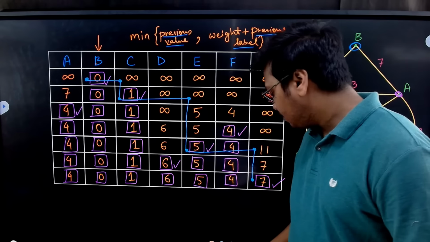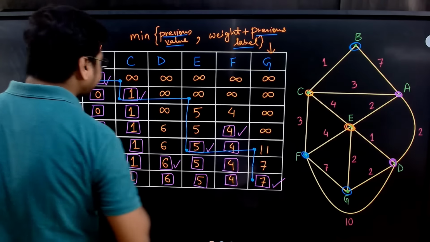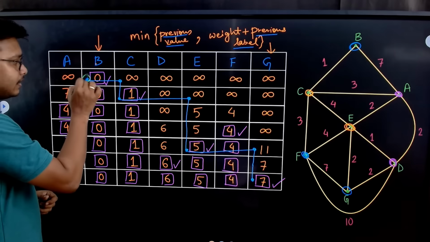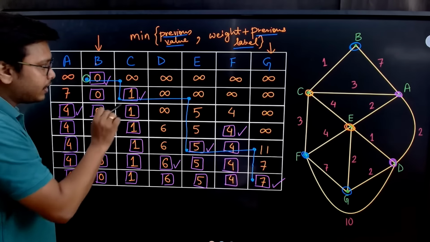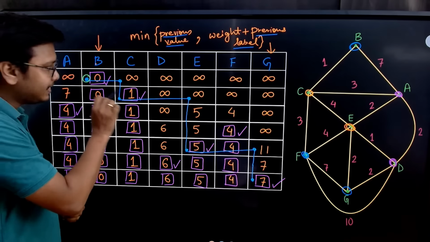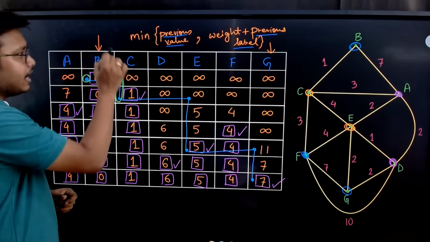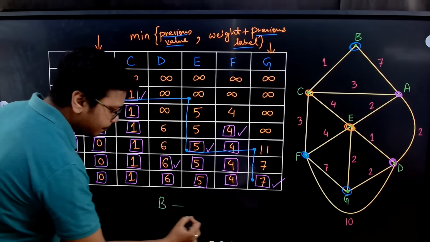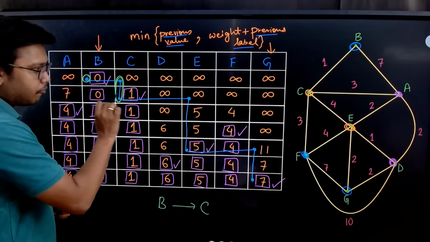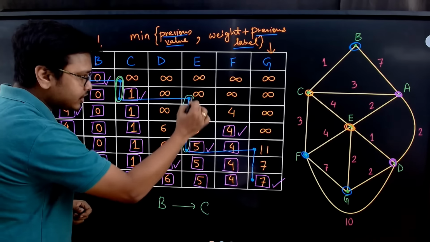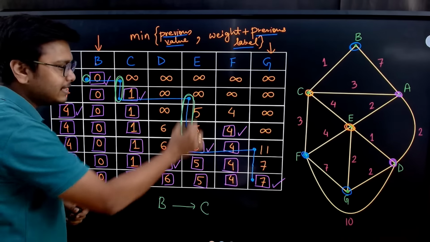Now from here, observe how I will find the value. From B, the next particular vertex I have gone to, or I have changed my direction, is C, right? From B, I have gone to C. From C, next I have changed my direction in which particular column? In the E column.